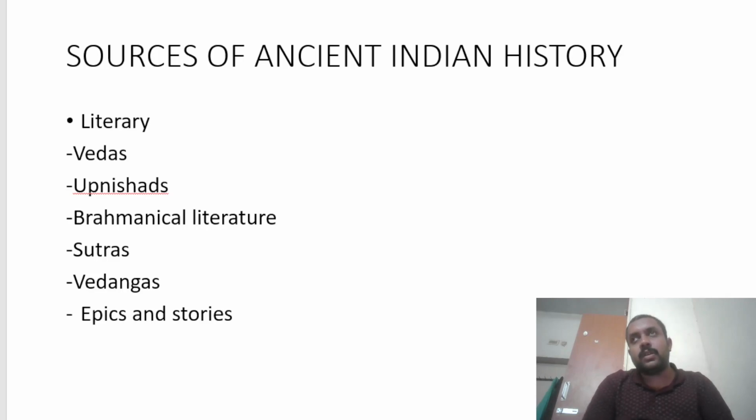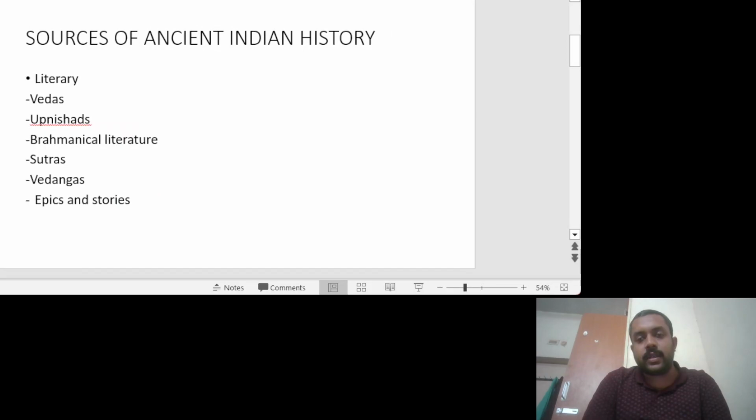For the contemporary period of history, I mean after the modern period of history, there are different types of sources which we will deal with separately. Now let us focus on ancient Indian history and the sources which tell about ancient Indian history.